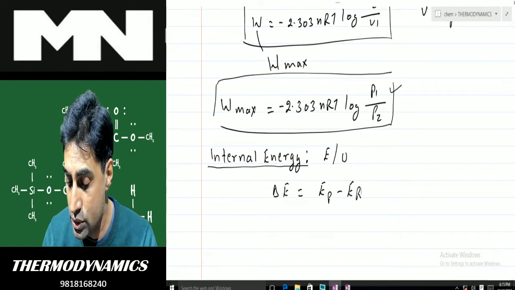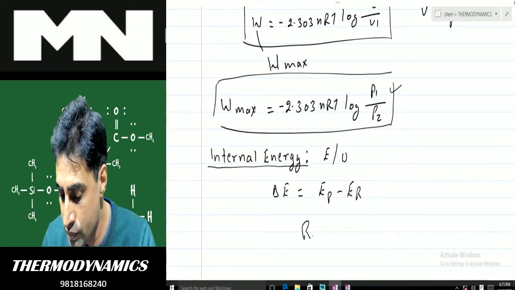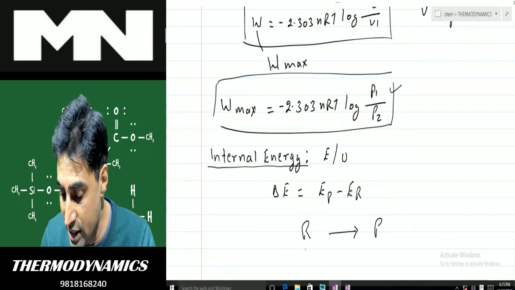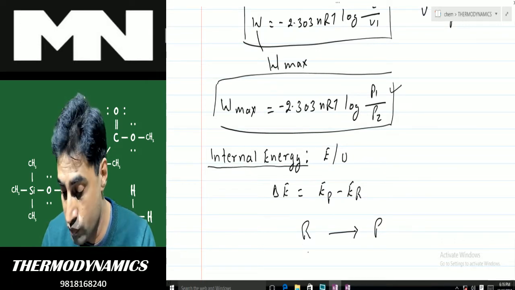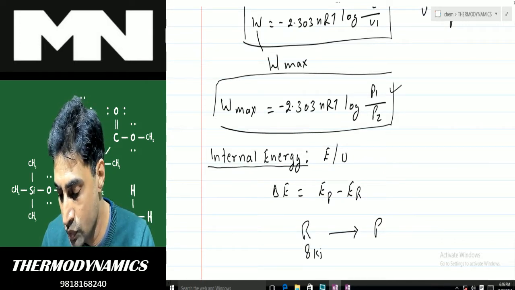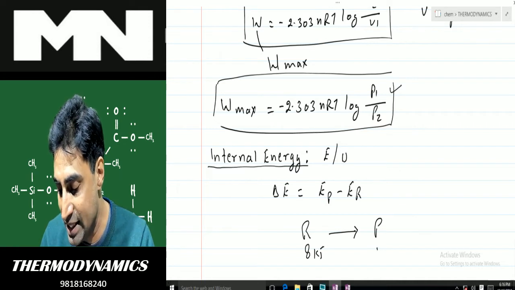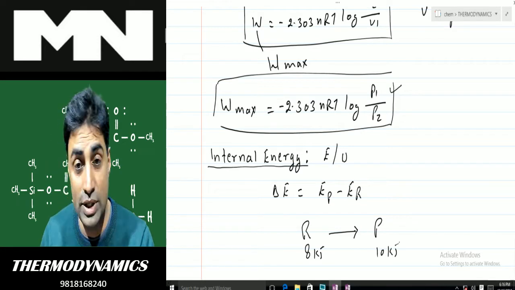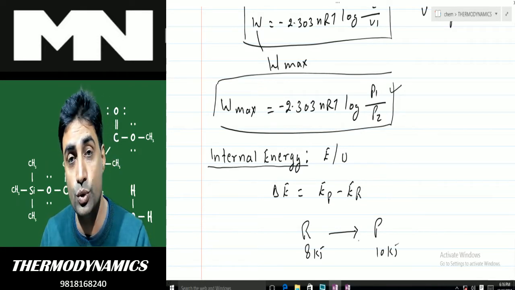So suppose I got a reactant that is getting converted to product. The internal energy of reactant is say 8 kilojoule and that of product is say 10 kilojoule. Product is at higher energy. So the difference of energy is 2 kilojoule.